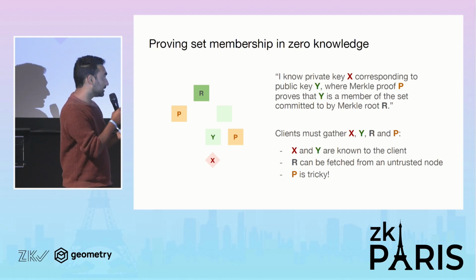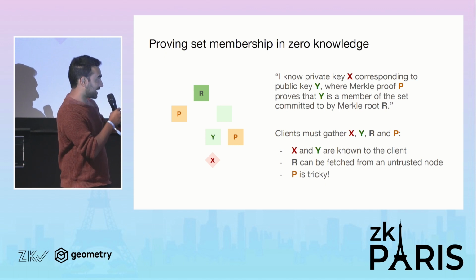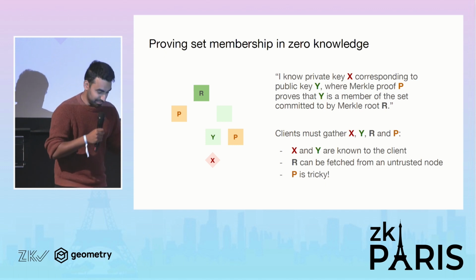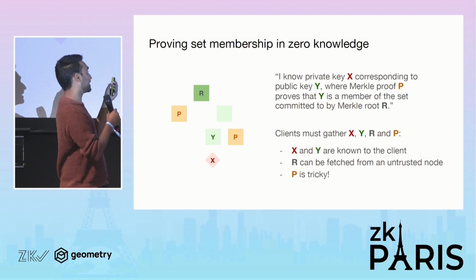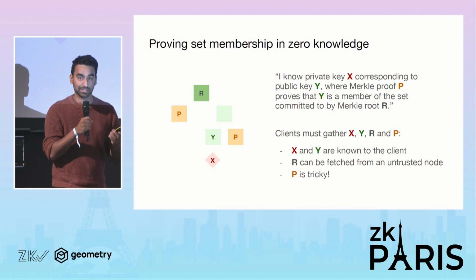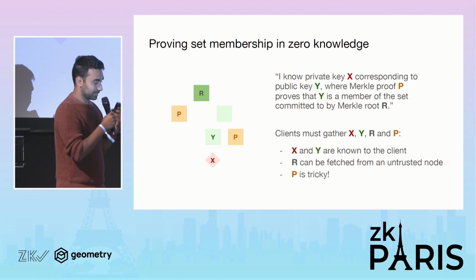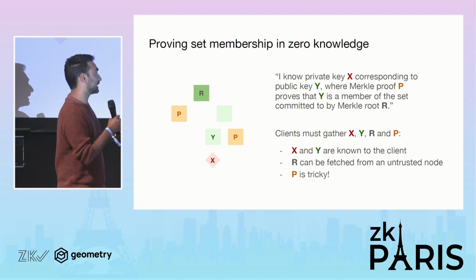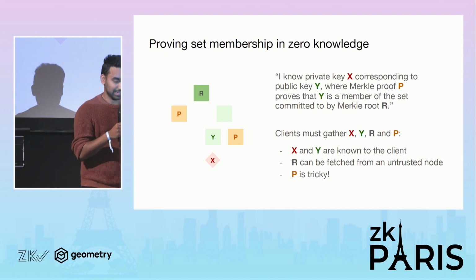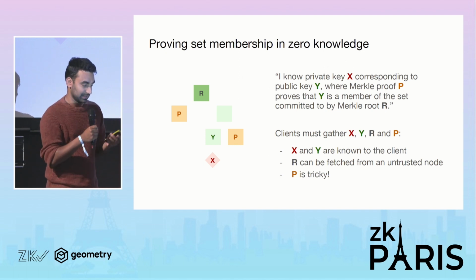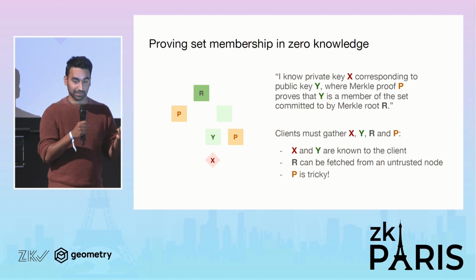And the thing is, gathering these for the client before they can compute the proof locally is kind of a process, right? So in many applications, the client already knows X and Y. For voting, I know my private key, and I also know my public key. And R is a public value that is safe to retrieve, basically. So it doesn't reveal anything about my secret.